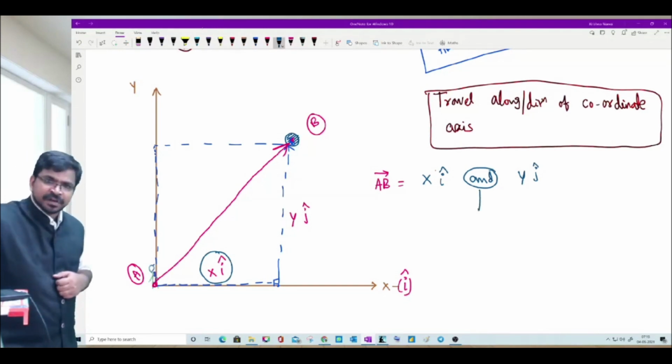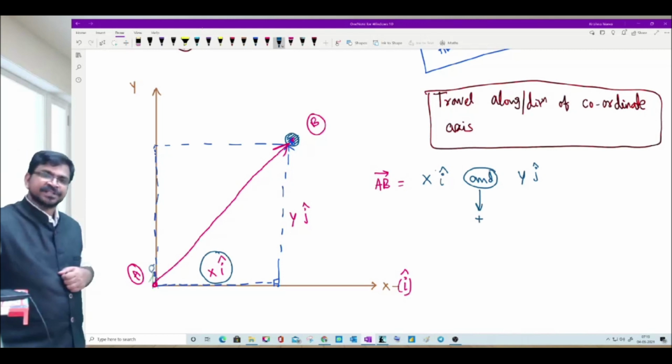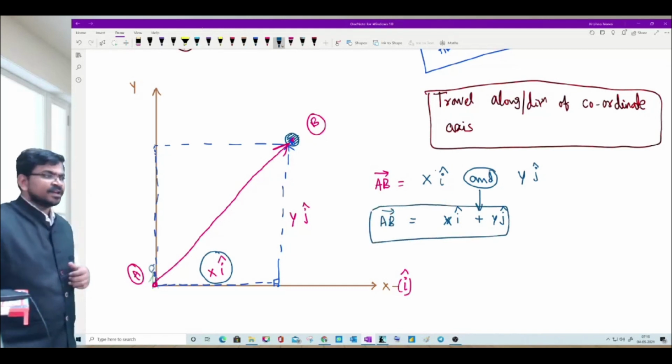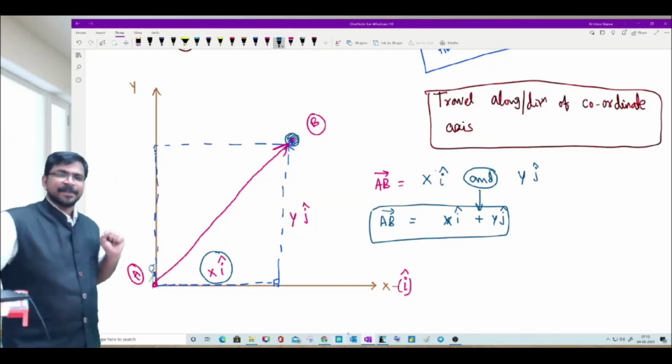And is a logical operator in mathematics, so we can represent it with this plus symbol. So x in i direction plus y in j direction, that is vector AB.